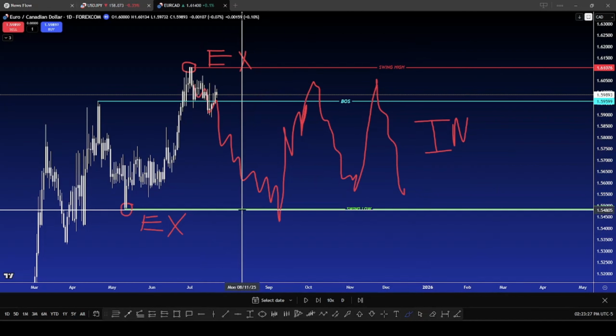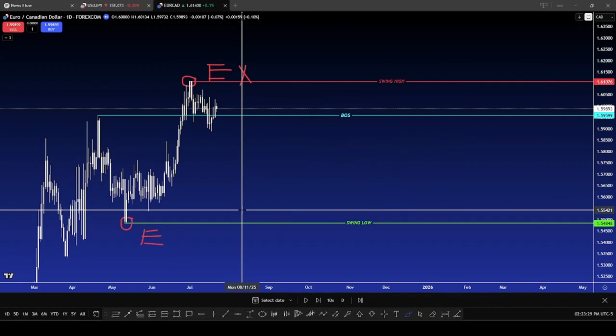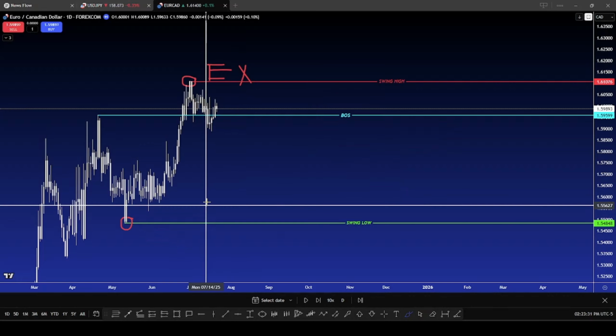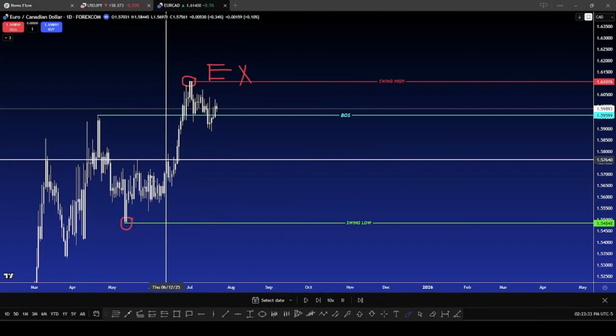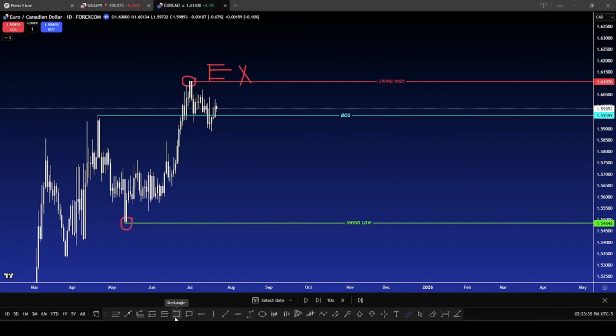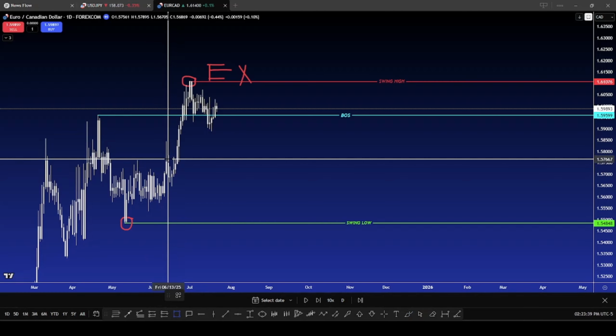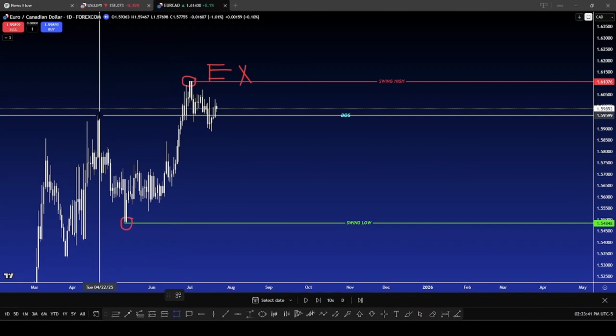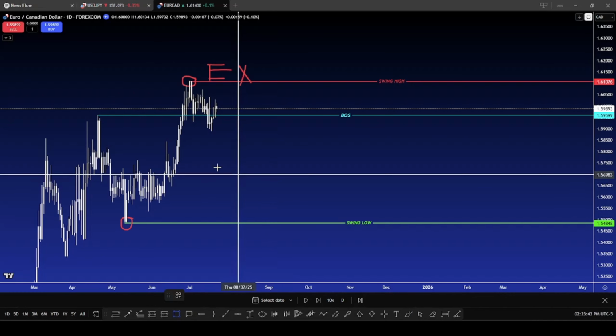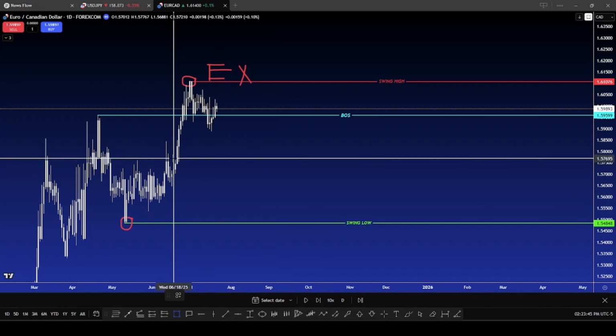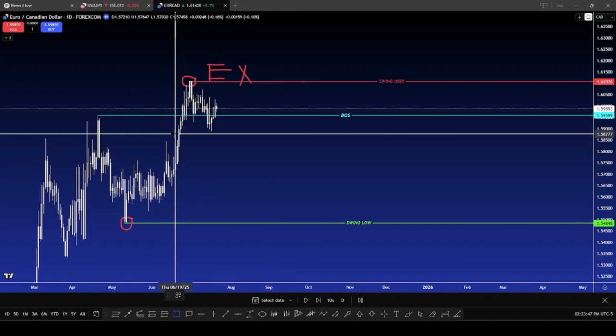What that means, guys, is if you are looking to buy because you found out this is an uptrend, you're basically needing to identify your points of interest after price has broken this high. What are points of interest, Bain? Well, your imbalances, right? Where you have gaps between the candles.